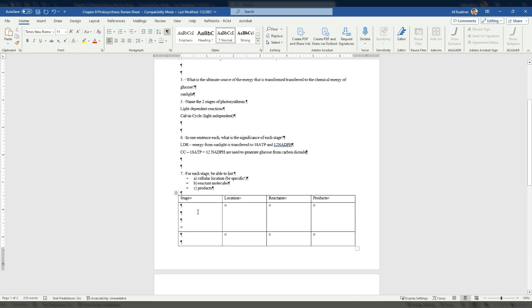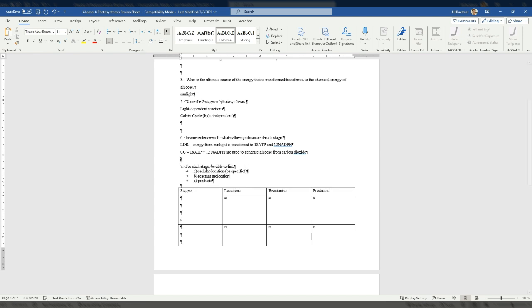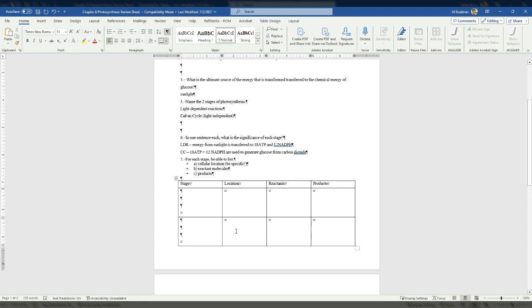So the energy and electrons from the light reactions are used to generate glucose in the Calvin cycle. All right, so the stages chart here: light dependent reactions occur at the thylakoid membranes. The Calvin cycle occurs in the stroma. Reactants for the light dependent reactions would be ADP and Pi, which would be 18, if we want to get picky. And the products would be 18 ATP.